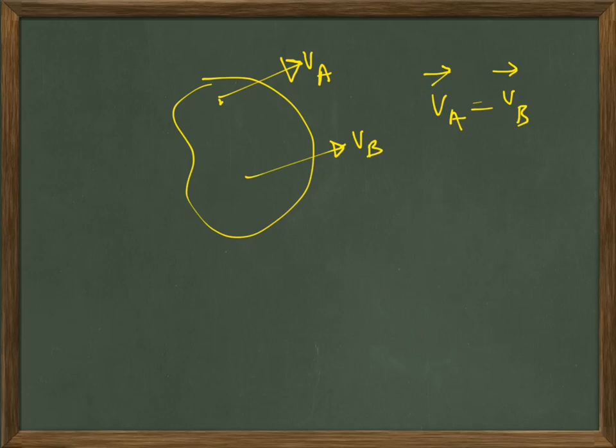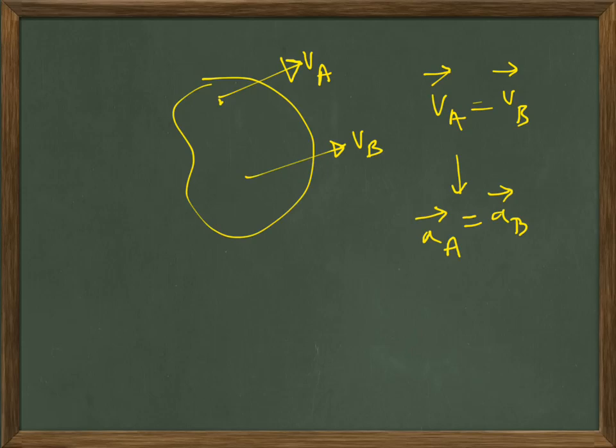Obviously, if VA equal to VB, then even their rate of change, that means their accelerations, must also be the same. So if the velocity of particle 1 changes by a certain amount, the velocity of particle 2 must also change by the same amount, whether in magnitude or in direction. This is the meaning of translation. So in translation, if you take any two particles, they will have the same velocity, same acceleration.